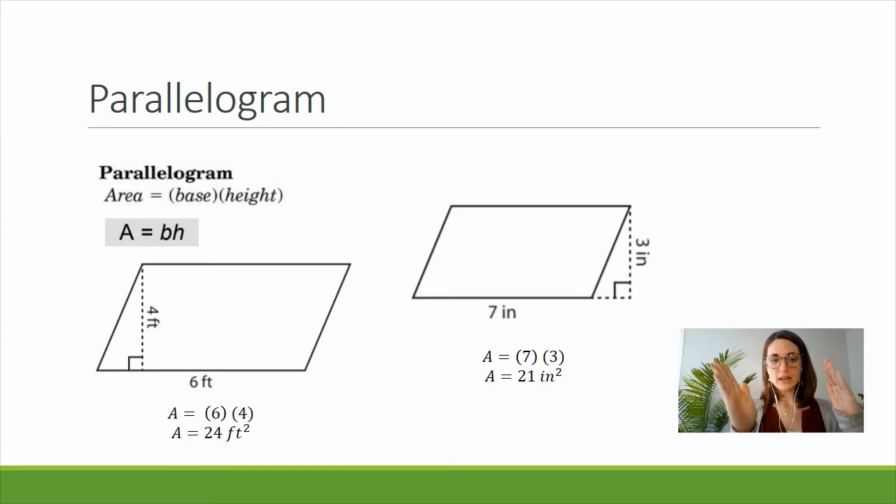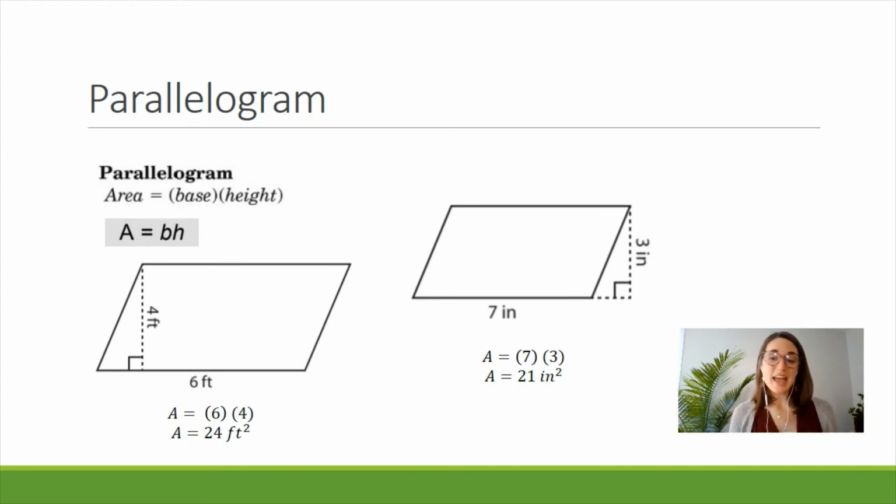So the 2 sides on the left and right are parallel and the 2 sides on the bottom and top are also parallel. The other thing that's unique about it is that none of the angles are 90 degrees. Whereas a rectangle or a square have those sharp 90-degree angles, all of the angles on a parallelogram will be either larger or smaller than 90 degrees.